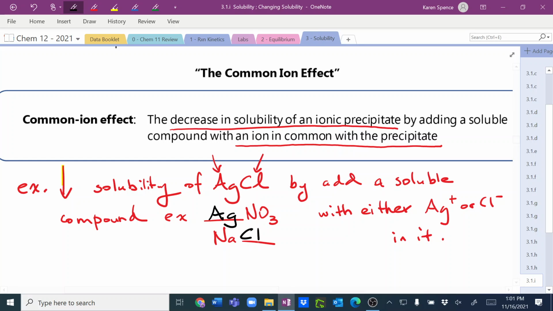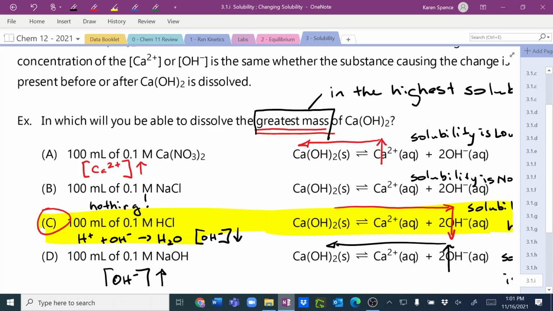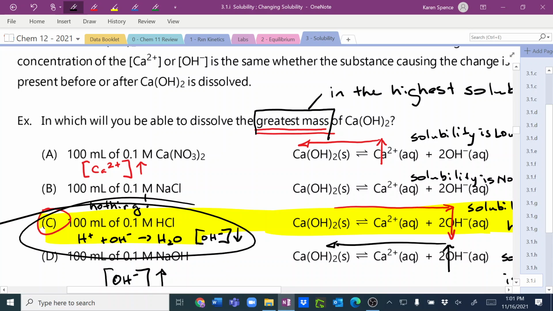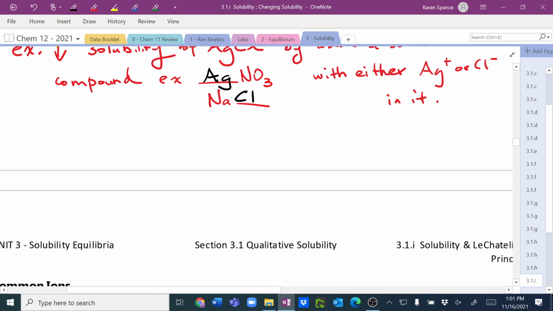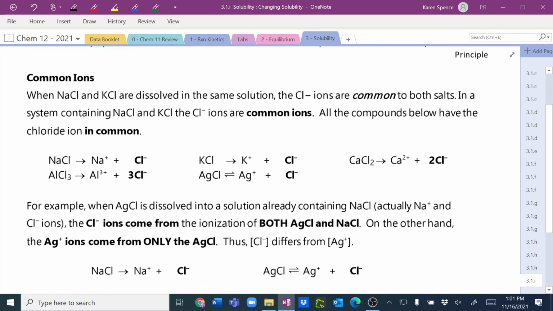It's specifically for decreasing the concentration. I don't know why that gets a special name. And if we increase the concentration by adding hydrogen to a hydroxide compound, that doesn't get a special name. Okay, so it's only when you're decreasing solubility by increasing an ion concentration. All right, but you have to have heard the term because it will come up from time to time.